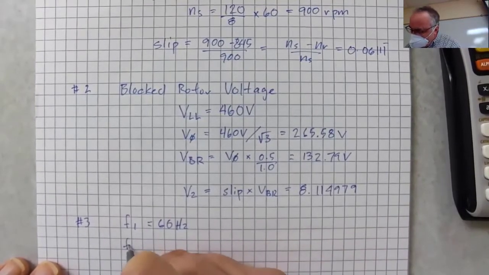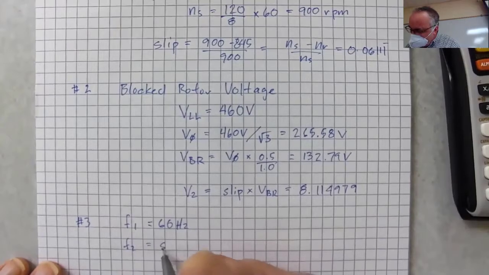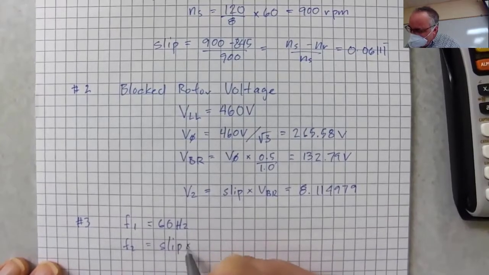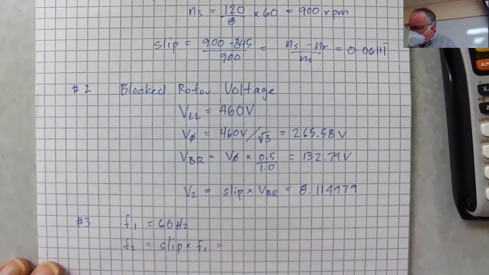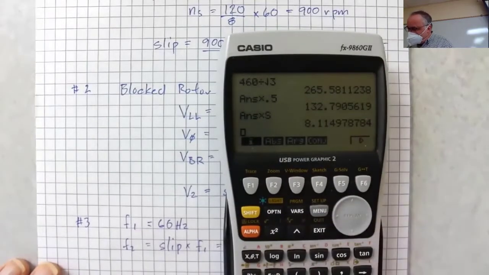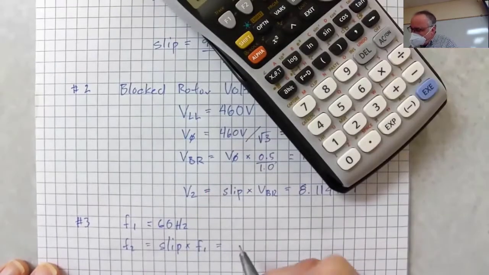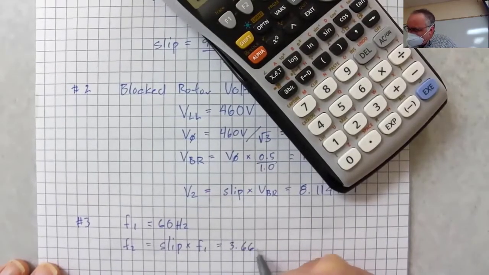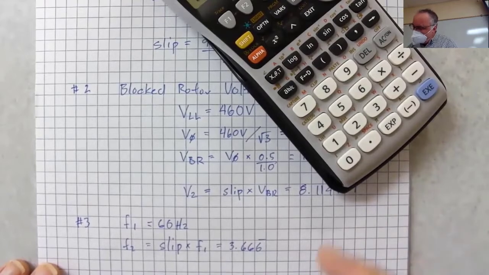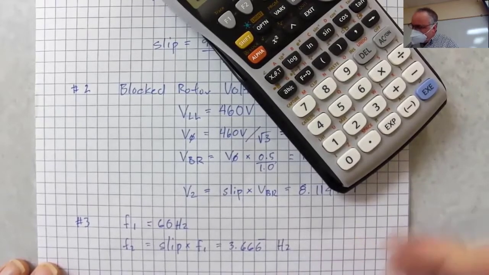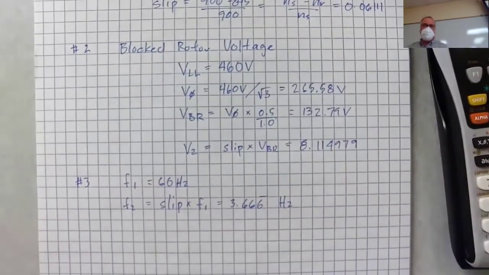The frequency on 2 would be slip times F1. So we take 60 times alpha S. There you go. And we get 3.666 repeating hertz, right? Any questions?